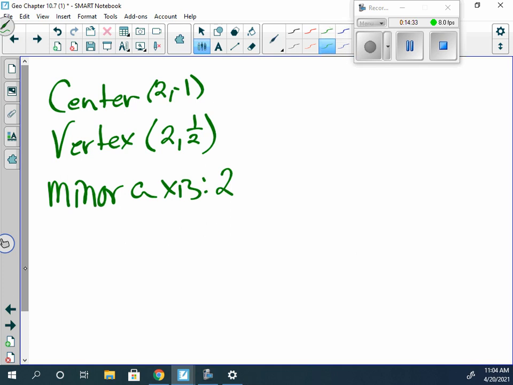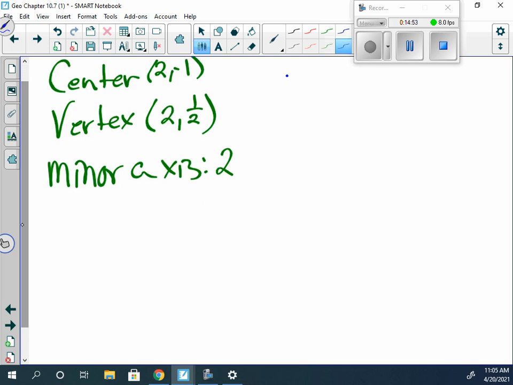Okay. Now, it did not give us the vertices, but it did give us the vertex. So, that's actually kind of close to the same thing. Now, really what we need for this equation, if we're finding the equation, is actually not too much.